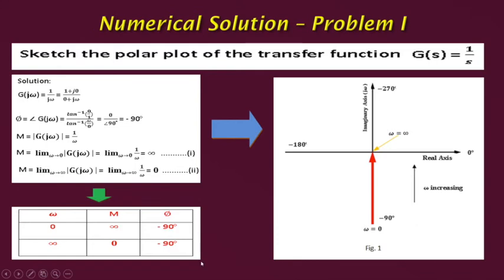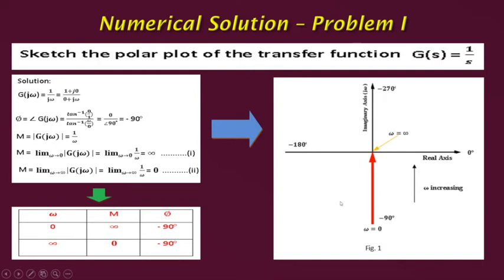Then consider a table and write down omega, M and phi. When omega equal to 0, this is the starting point. Then calculate magnitude and phase angle. Put omega equal to 0, the magnitude is infinity. Similarly, when omega equal to infinity, the magnitude is 0. Then the phase angle is always minus 90 degrees.